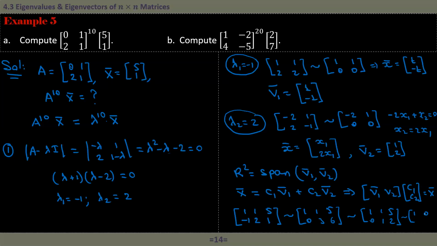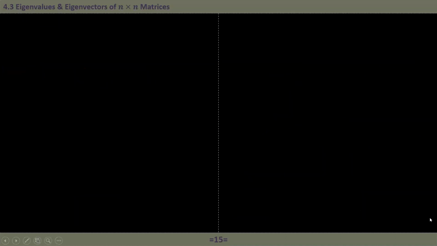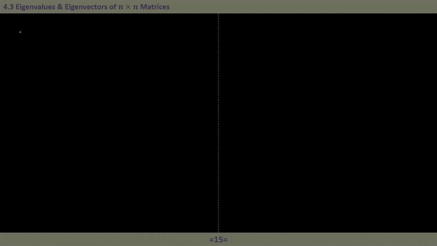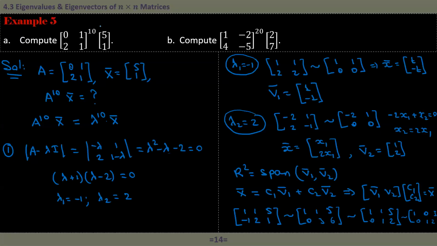Here we have 1, 0, 3, and 0, 1, 2. So that means that c1 equals 3, c2 equals 2. So this vector x can be expressed as 3 times v1 plus 2 times v2. Is it right? Yes, 3 and 2.